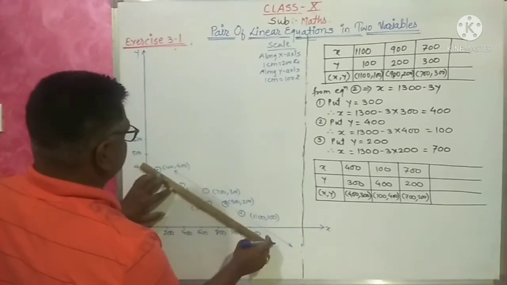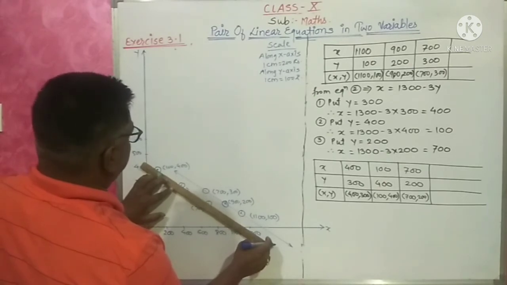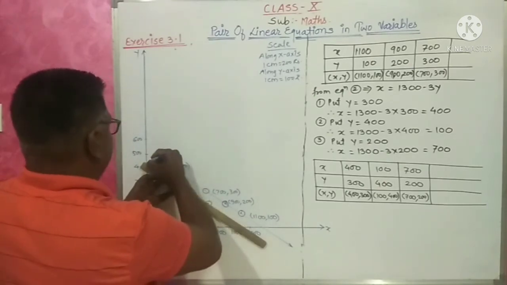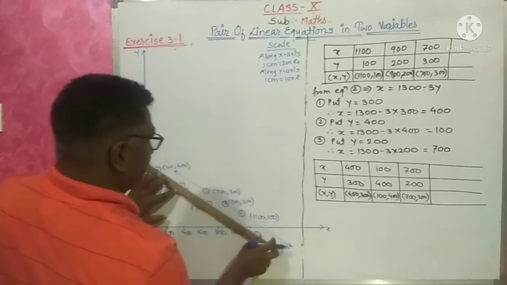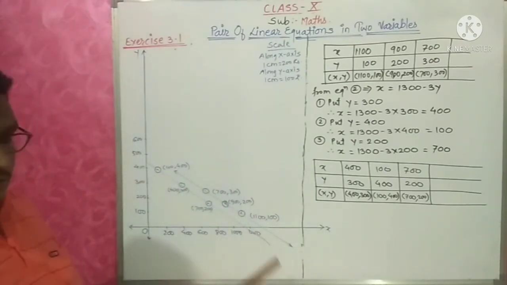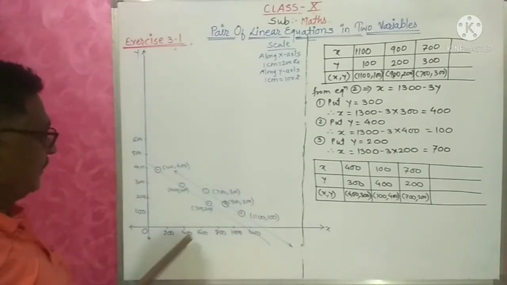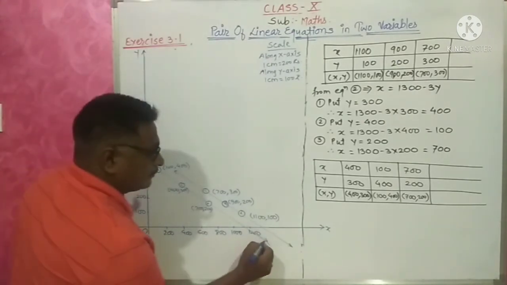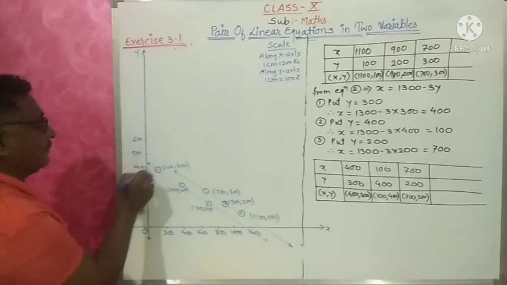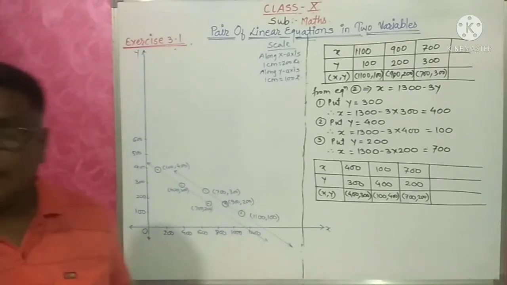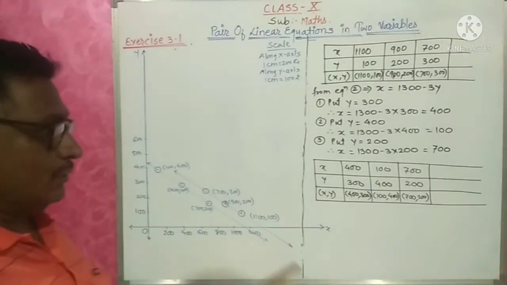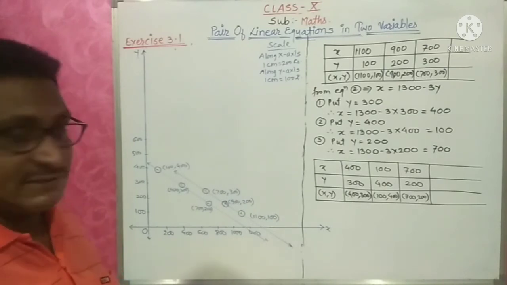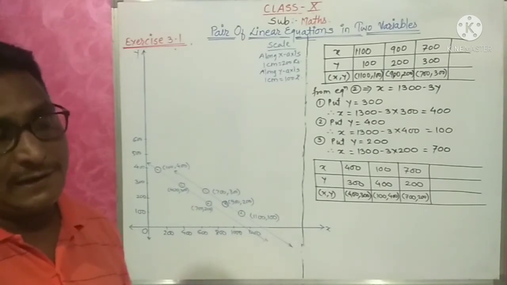Passing through this, in this way, and produce it. They will join. Here my point distances are not equal, so you will not get it. But when you plot on the graph, these two lines will intersect. Wherever these two lines intersect, that is the cost of the bat and ball.